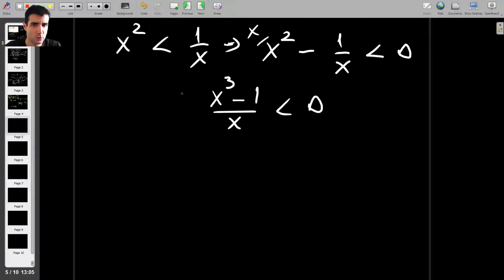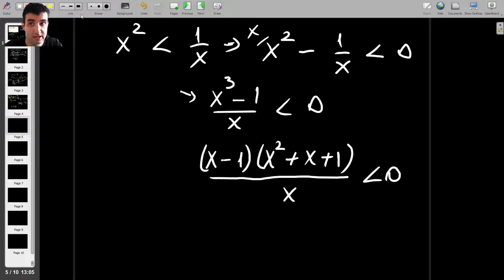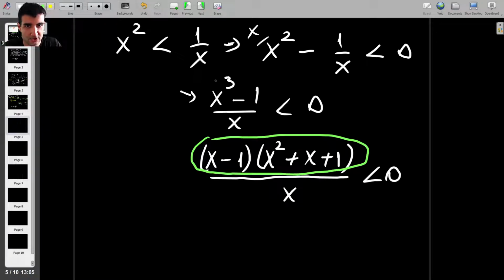So we can factorize this like a polynomial, so we can rewrite the numerator as x minus 1 times x squared plus x plus 1, over x, less than 0. And if you're not sure about it, this is actually equal to this, and you can convince yourself, right? If you expand those brackets, you will get x cubed minus 1. Right, so we can use a sign diagram again, but I'm going to skip that point.